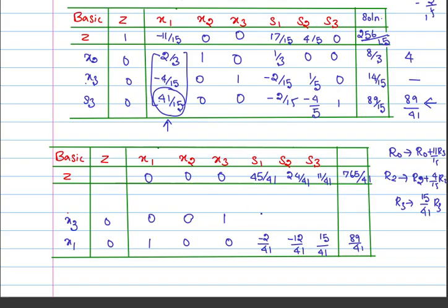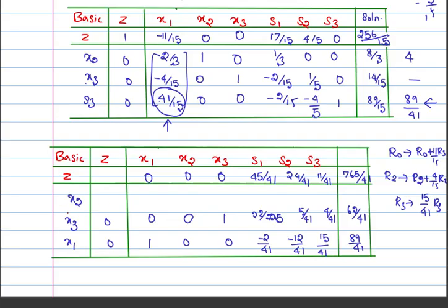Here you will get it as 22 divided by 225. Here you will get 5 divided by 41. Here 4 divided by 41. Here you get 62 divided by 41. Then finally you will go for the x2.